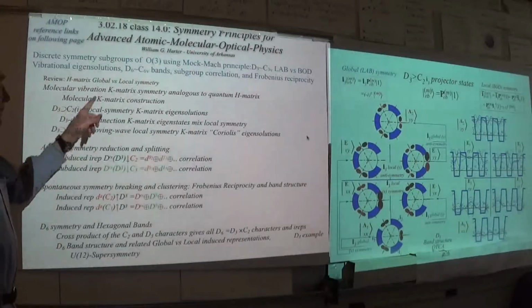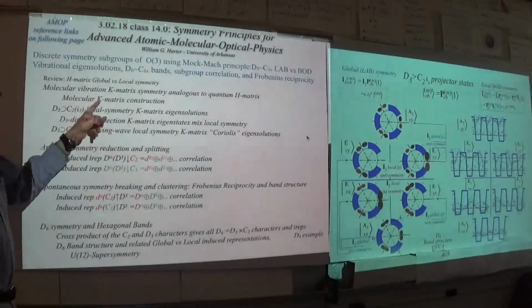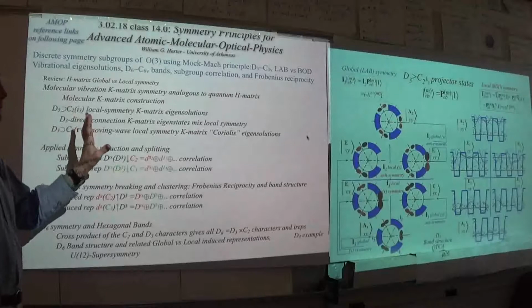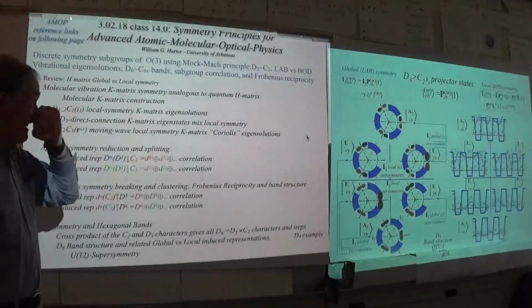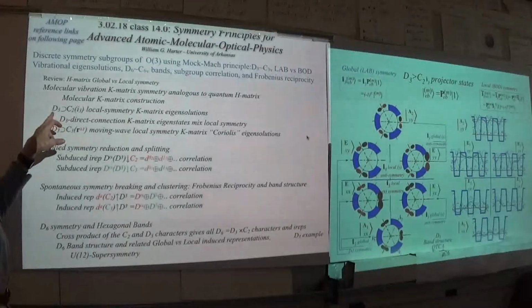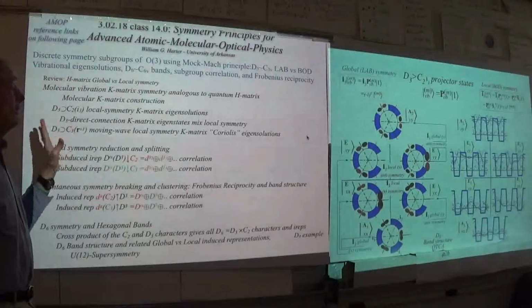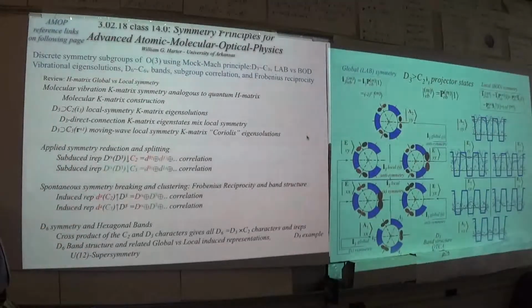That is the main topic of the first part of this lecture, and the molecular K matrix construction is very different from what you do to make a quantum H matrix. But in any case, once you have that, then the local to global symmetry arguments carry over for the classical vibrations.